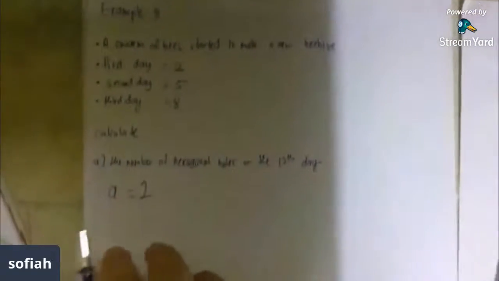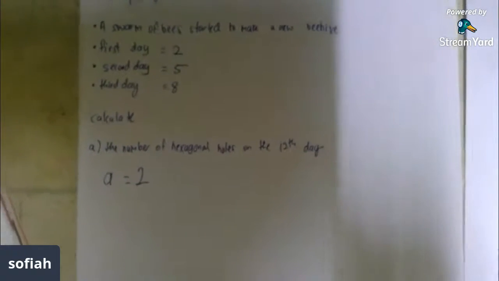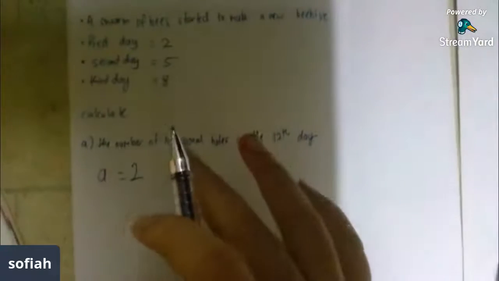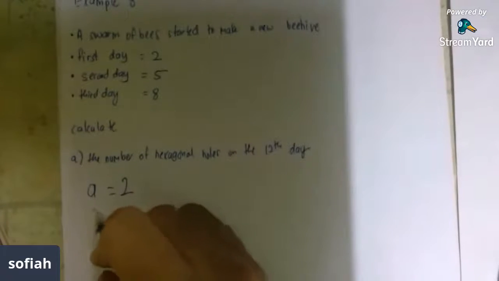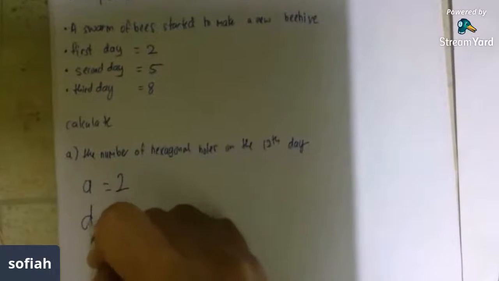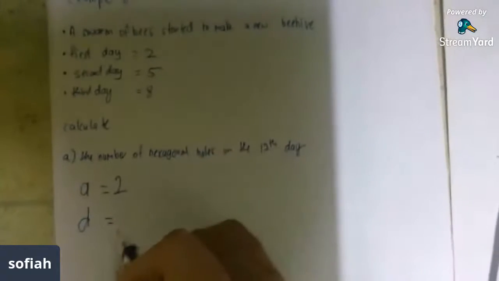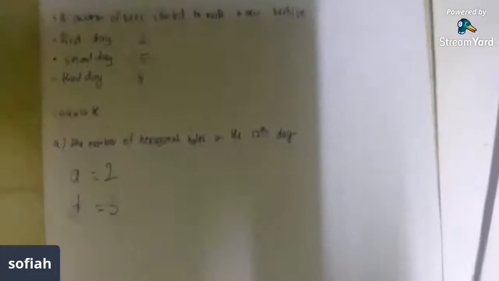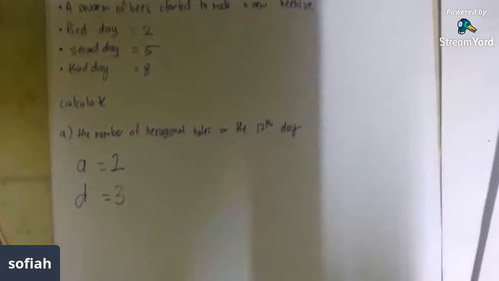Then the second day is 5 hexagonal holes, so T2 equals 5. From this information, we can find the value of the common difference D, which is 5 minus 2. We will get 3. So this is the important information that we need to know.